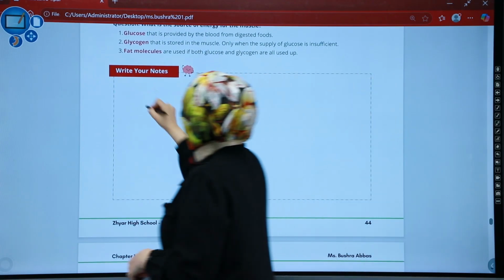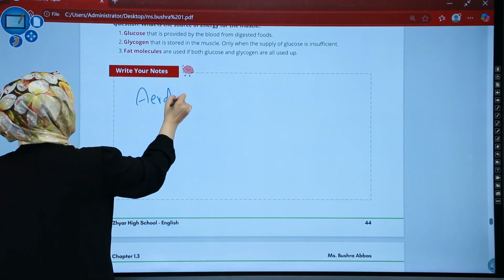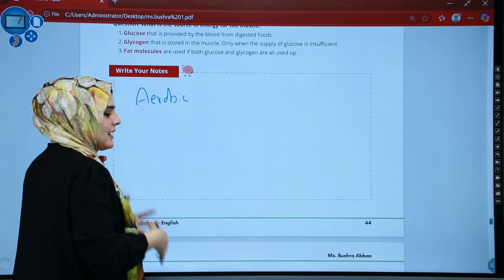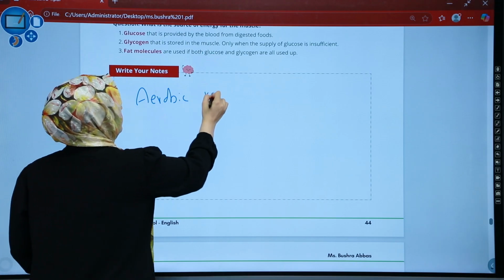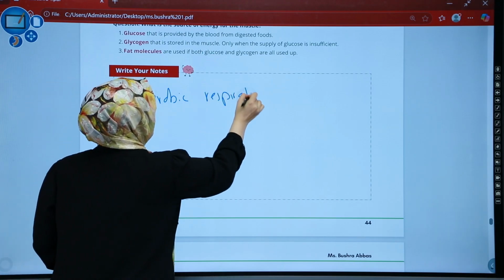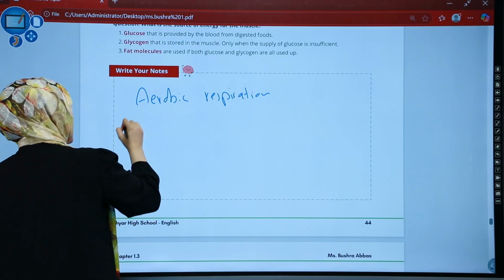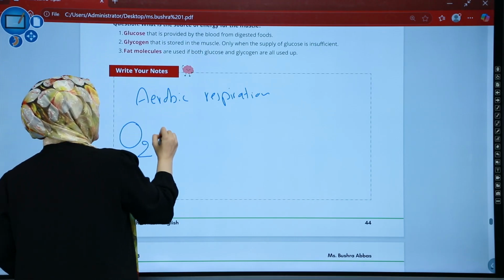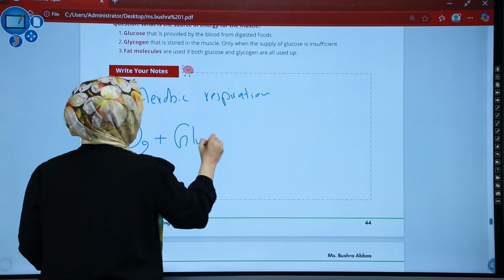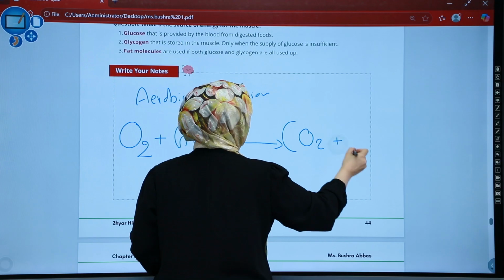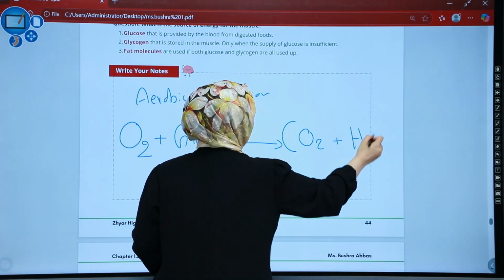Remember, we have aerobic respiration. We studied this throughout our studying journey before grade 12 and especially in grade 11. It's how your muscles generate energy: the act of using oxygen to break down glucose to create CO2 plus H2O, which is water.